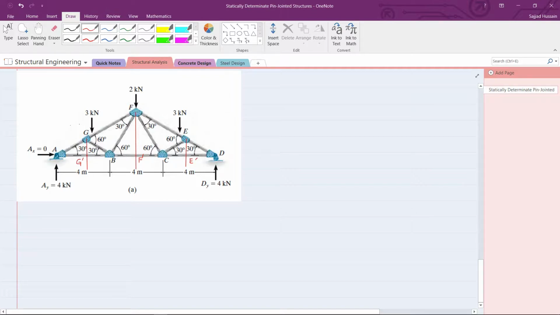We know that the distance between A and G dash will be half of 4 meters, that means this will be 2 meters. So what we have to do is draw grids at 2 meter intervals in the X direction, but in the Z direction we have to evaluate this distance. That means we have to draw a grid line somewhere here and one grid line here.